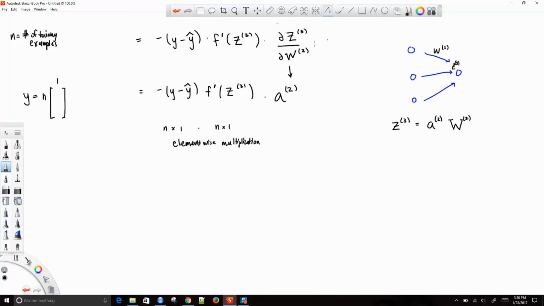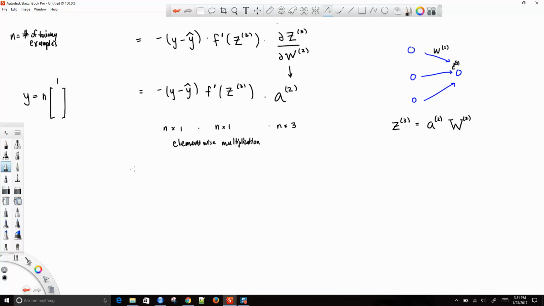Okay, and then we want to include this A thing. This is going to be n by 3, because we have 3 nodes, so n elements and 3 nodes. To handle this, because it's going to get messy, we can transpose it.